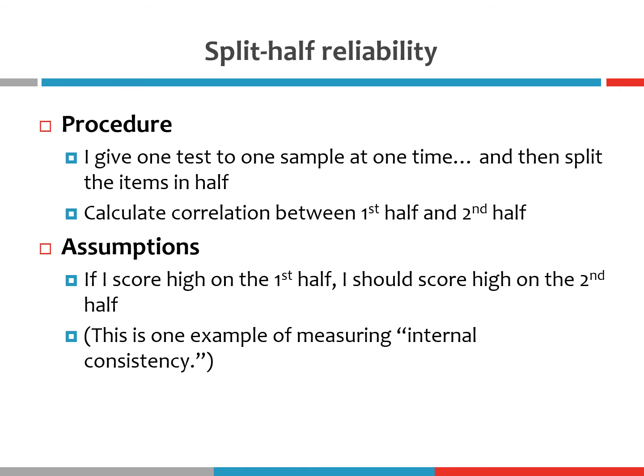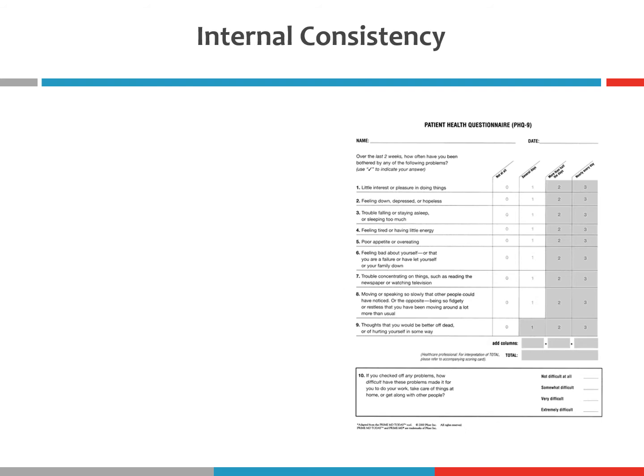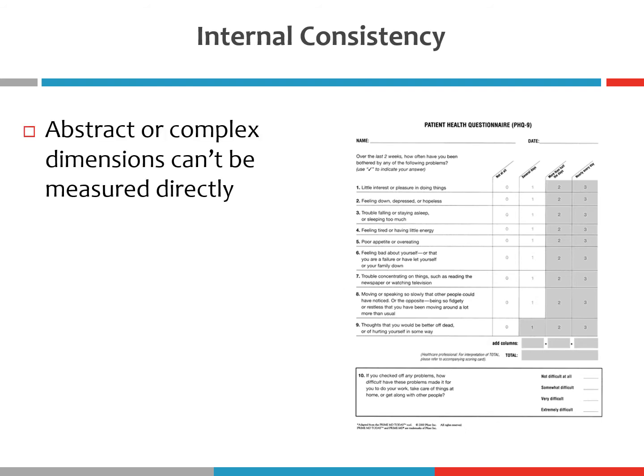And split half reliability relates to a type of reliability that's called internal consistency. Okay. So as I mentioned last week when we talked about surveys, a lot of times for psychological constructs, you can't measure them directly, right?